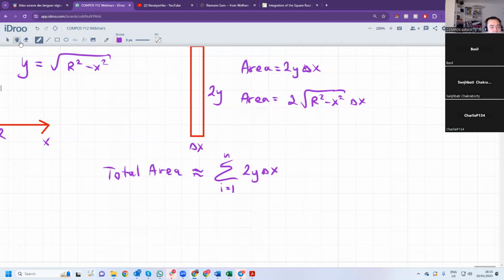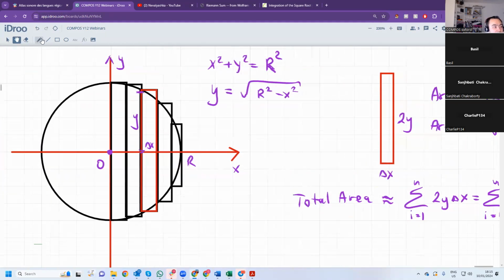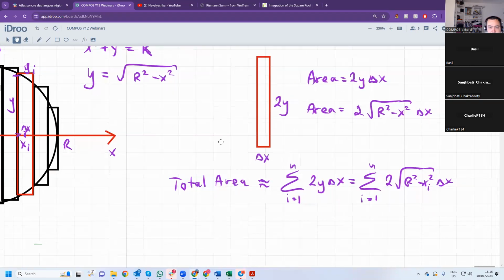So we can simplify that and write the sum from 1 to n of 2 square root of r squared minus xi squared delta x, where xi is the position and this is yi. Hopefully that makes sense.